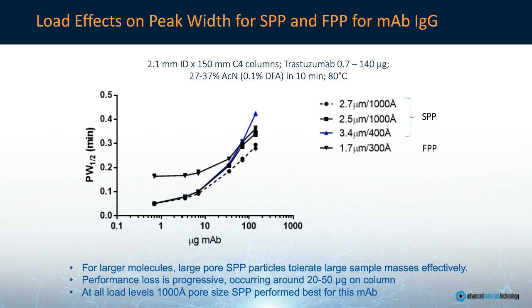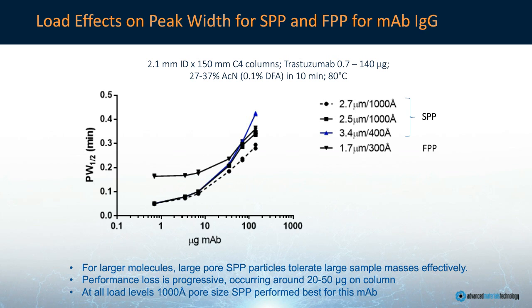You may be interested in the load effects on the column performance. In this case, we compared the 1,000 angstrom and 400 angstrom materials to the fully porous 300 angstrom 1.7.